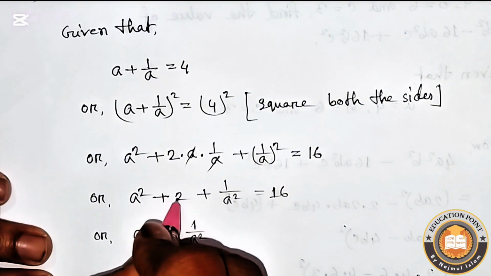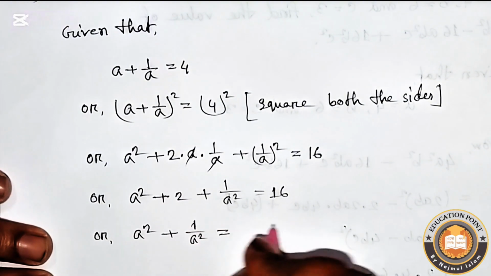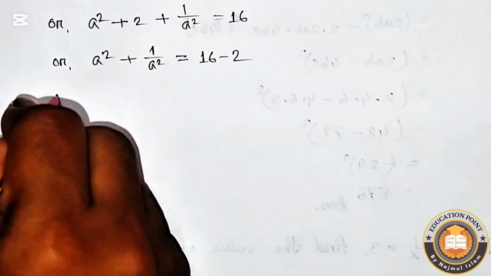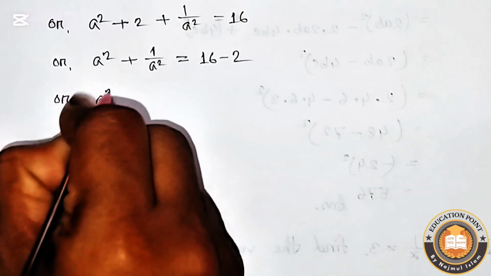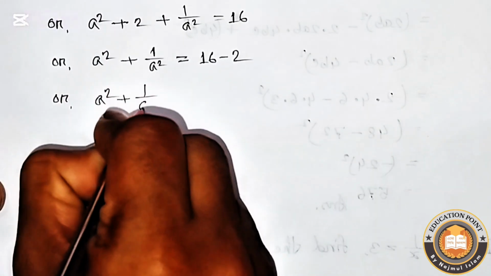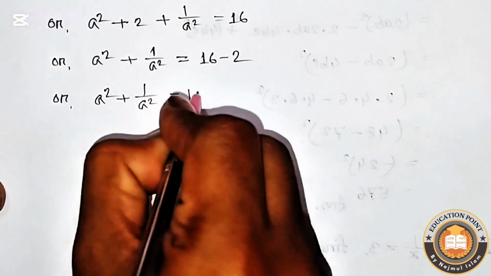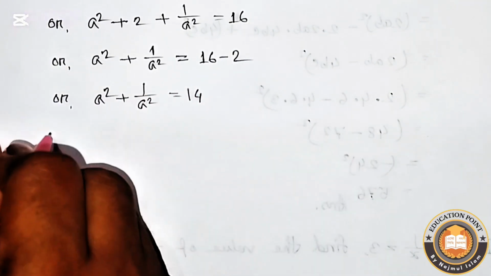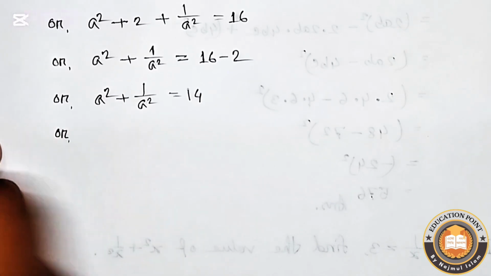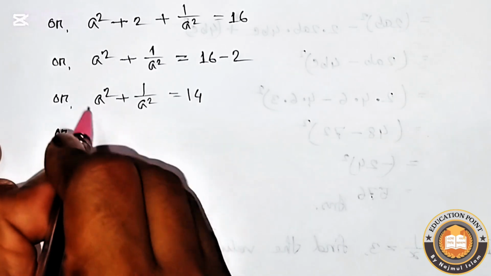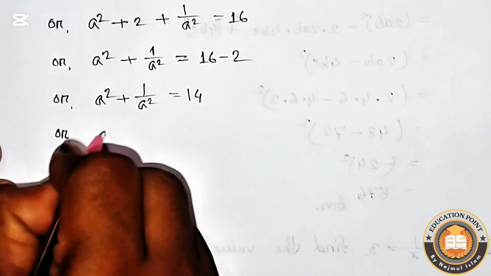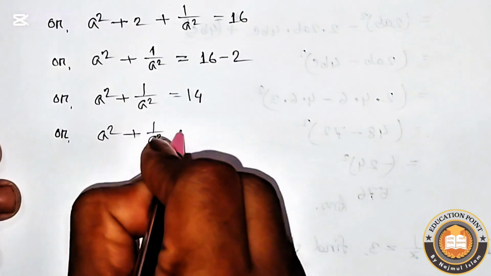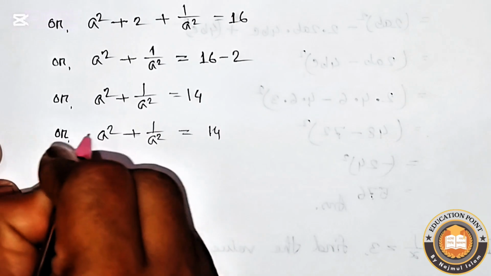Here plus 2 moves from left to right, and we can write 16 minus 2. So a² plus 1 by a² equals the subtracted value of 16 and 2, which equals 14.